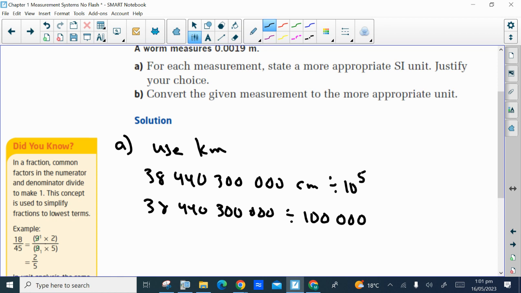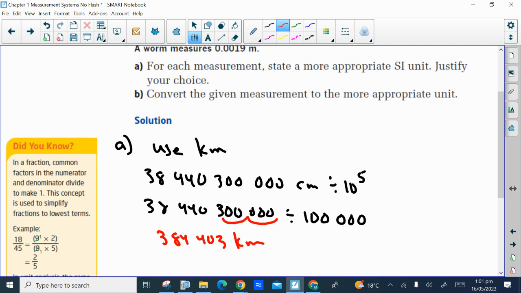So if you're going to divide by 100,000 and there's 5 zeros there, you need to move the decimal 5 spots over to the left, which will take us between the 3 and the 0. So that is 384,403 kilometers.